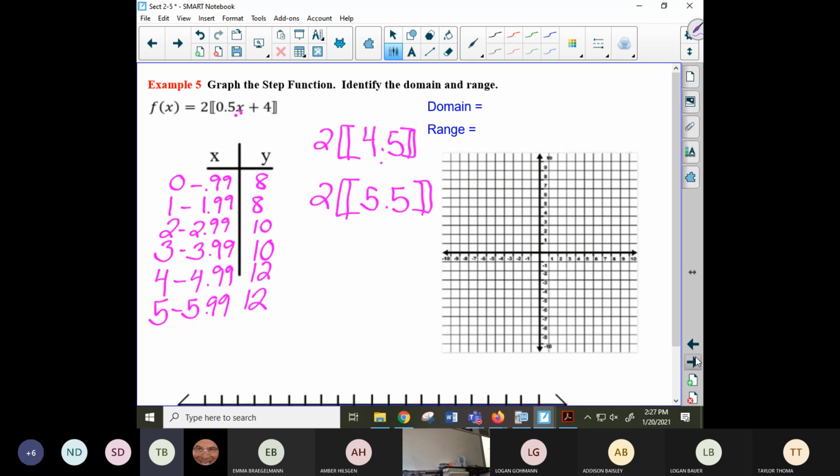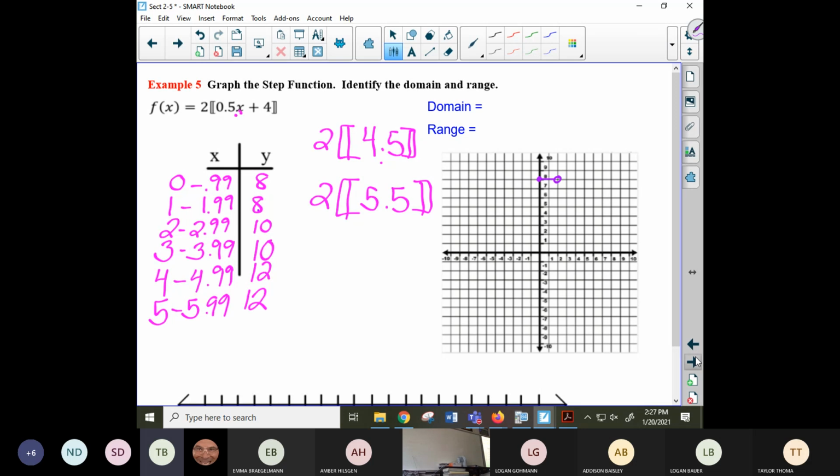So from 0 to 1, we would be up at 8. It's always closed on the left, open on the right. But here, you know how last time we went over just one square? Here we're actually going from 0 to 1, and from 1 to 2 are both 8. So we're actually going to go from 0 all the way over to 2 and connect it.